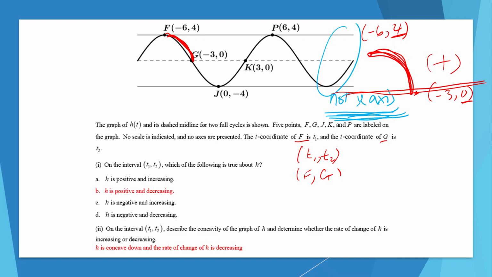Now, if it was negative, you may see something where it goes from -3 to maybe -10 or something like that. You will never, ever see a situation where you go from, let's say, 2 to -1, where you are positive and negative. You will never see that in any question ever. I can guarantee you that.